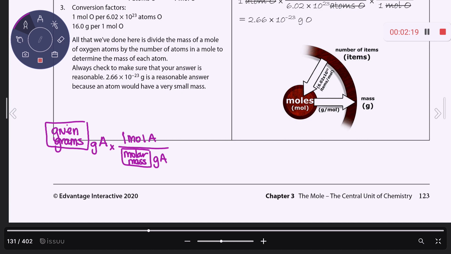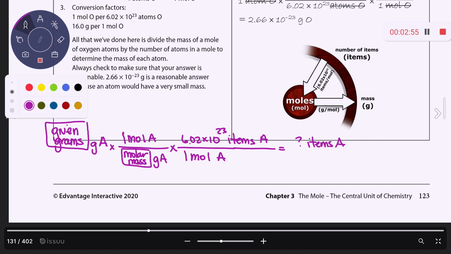Then to convert from moles to items, you put 6.02 times 10 to the 23rd here. This is your items of A. You would replace the letter A with the appropriate chemical formula or symbol, and replace items with formula units, molecules, atoms, or ions, whatever it is. This is how you get the items of that substance.